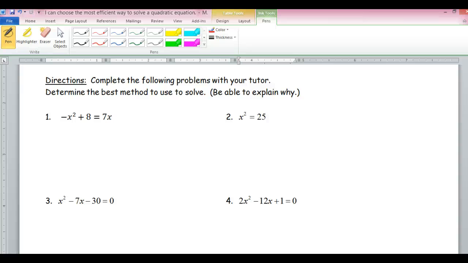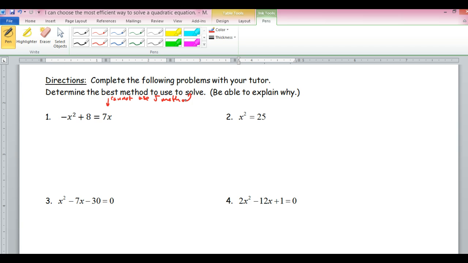So in example 1 here, we have negative x squared plus 8 equals 7x. As soon as we see any x term in a problem, that tells you cannot use the square root method. Okay, so we're down to two other methods, the factoring method and quadratic formula.